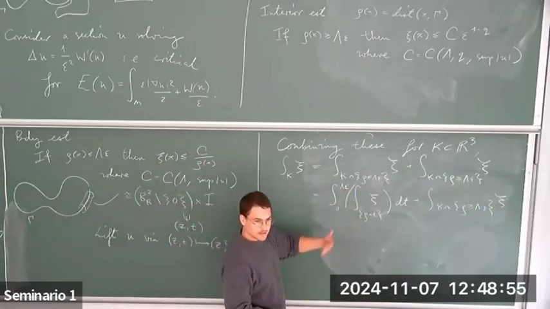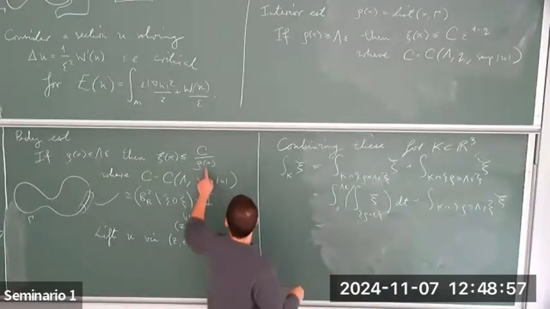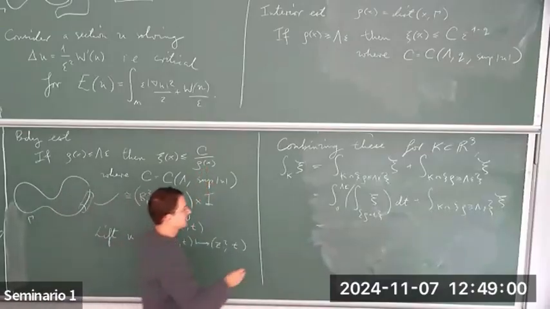So on this level set, the discrepancy is like 1 over rho, which is 1 over t.